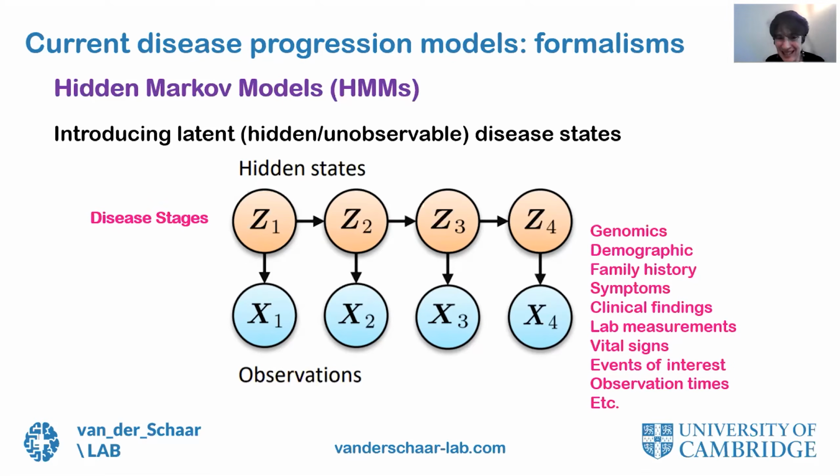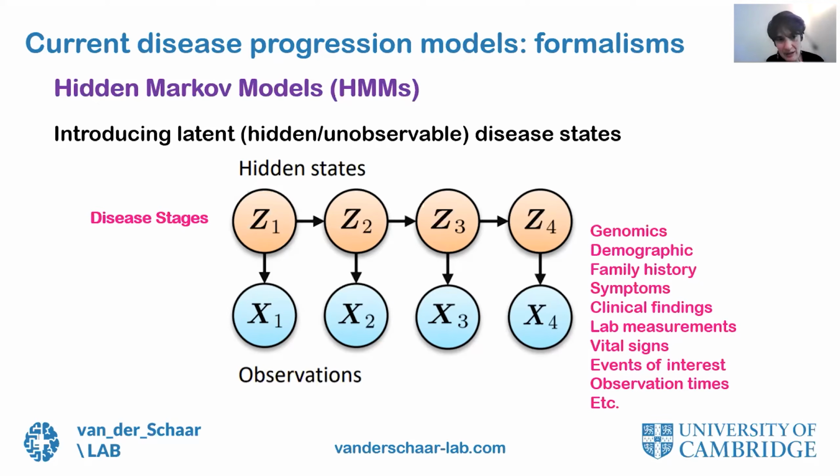So maybe a certain symptom is very probable in state 2, but not so probable in state 3 or state 4, or vice versa. Because a certain set of observations is more probable in one state rather than another, that enables us to go back and infer the hidden state the patient is in.